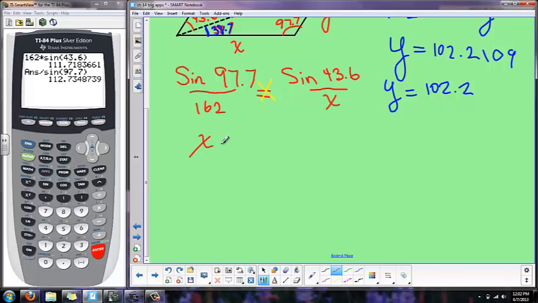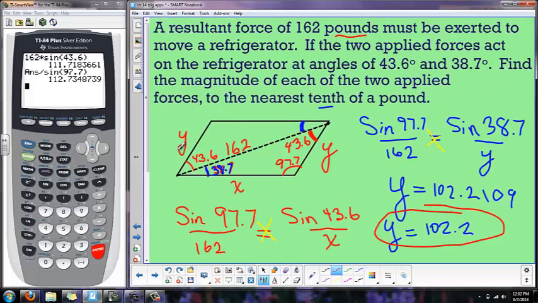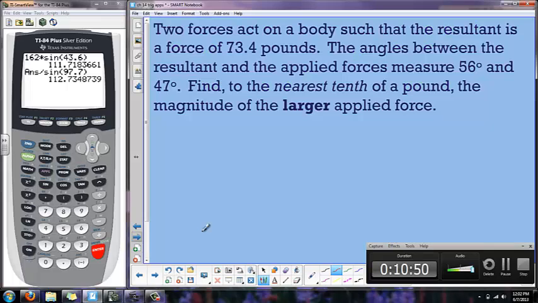So x is 112.734. So to the nearest tenth, x is 112.7. So that wasn't too bad. We figured out what those two sides were, and really that question was more heavily focused on geometry than anything else. So we got one more question. Let's do it kind of fast, and then we will be done.